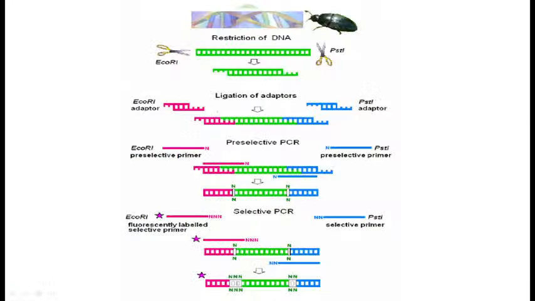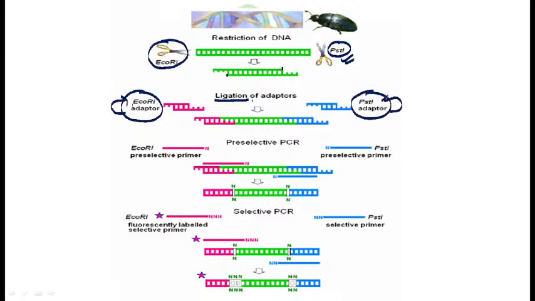In this technique, PstI and EcoRI are used as the restriction enzymes, and these cut the DNA at specific locations. Now we use the adapters. The first adapter is specific for EcoRI and the other adapter is specific for PstI. Then they generate the blunt end.